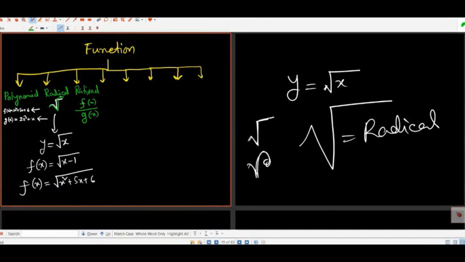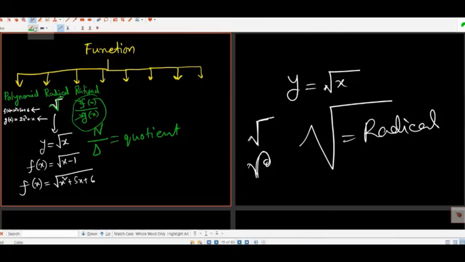That means f of x is a function, g of x is also a function. We have numerator over denominator. Here, the numerator function will be a polynomial function. The denominator function will also be a polynomial function. Whenever we have this division form, it is also called quotient. So this is now called the rational function.